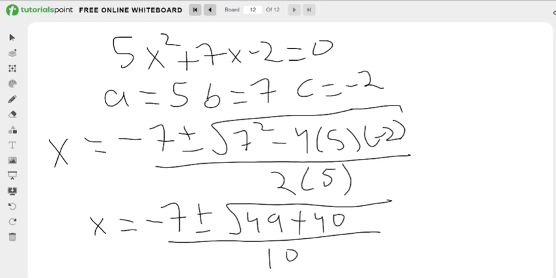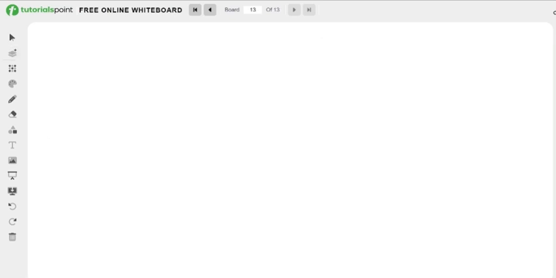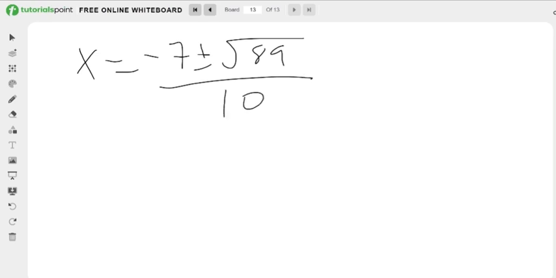Now we can simplify this further, because this is not the fully simplified answer. So after that, we get x is equal to negative 7 plus or minus the square root. We had 49 plus 40, and so 49 plus 40 is just 89. And for our 2a, we had 2 times 5, which is 10.